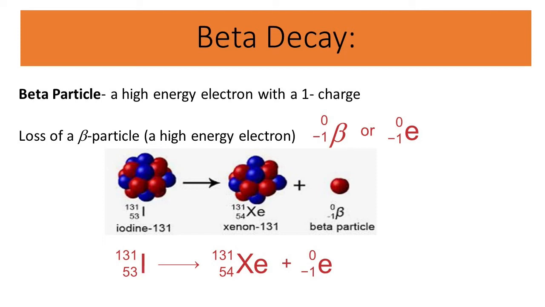As you can see, they are both equal. So as you can see here, you have 53 in the atomic number, and the xenon is 54, and the electron is -1. So if you combine those two, you will get 53. Did the atomic mass change? No. As you can see here, it's still the same.